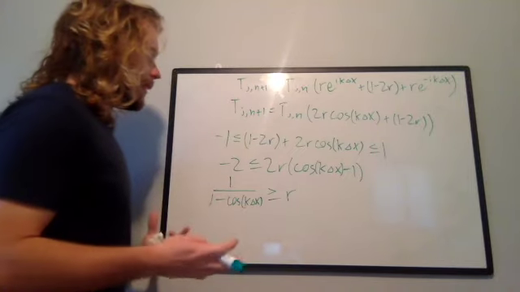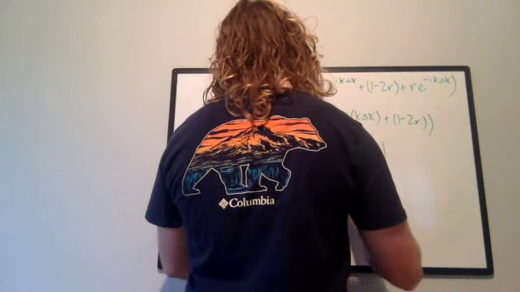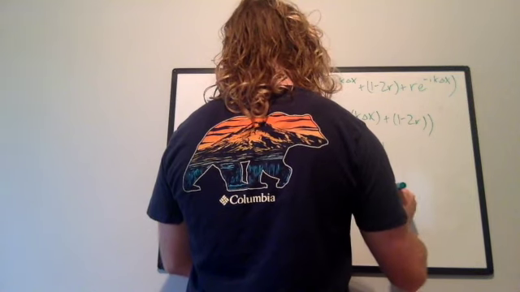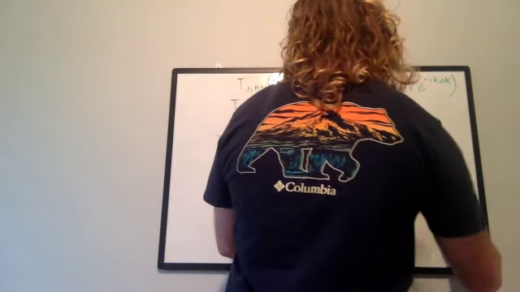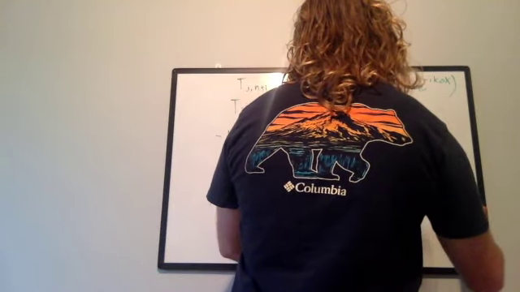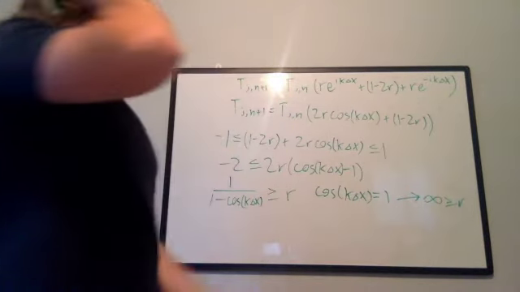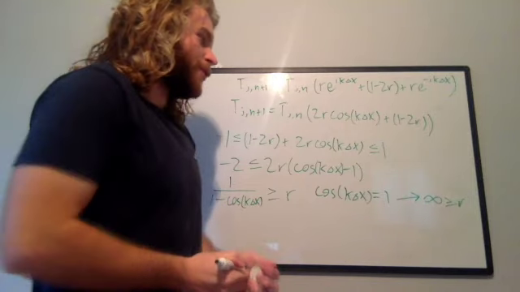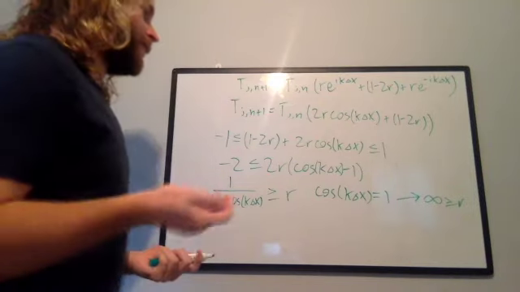You can't calculate that out. So when cosine k delta x is equal to 1, then this becomes infinity is greater than or equal to r, right? That is what we can take out of this. And that doesn't really give us a whole lot, right? Because we know r is almost always going to be less than or equal to infinity, right? That's not really telling us anything substantial, right?